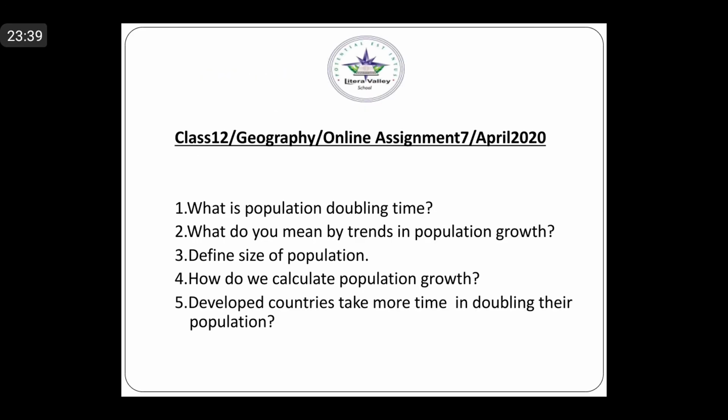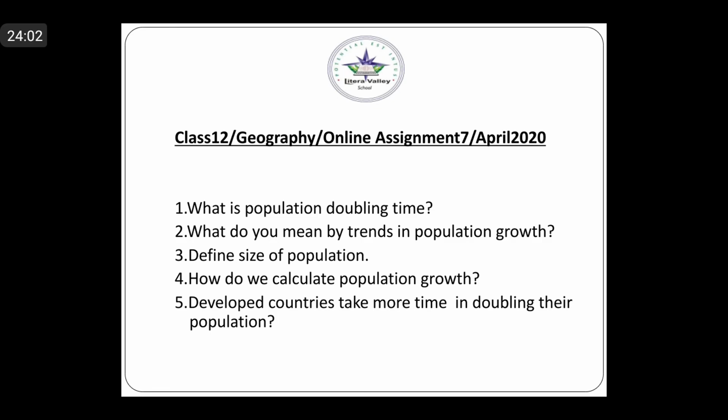Now, I can tell you something about what we have discussed today, the trends in the population. What are trends in the population? That refers to how the population grew with the passage of time, and then the population doubling time.